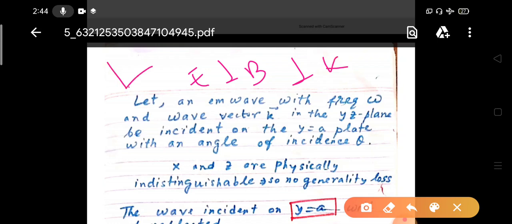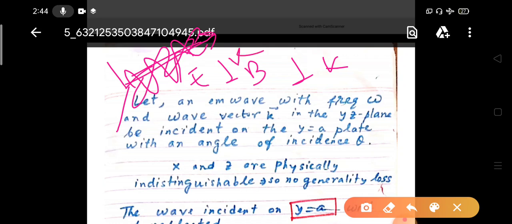All are mutually perpendicular to each other, and if this is the electric field vibration and this is the magnetic field vibration, the propagation will be perpendicular to both directions.